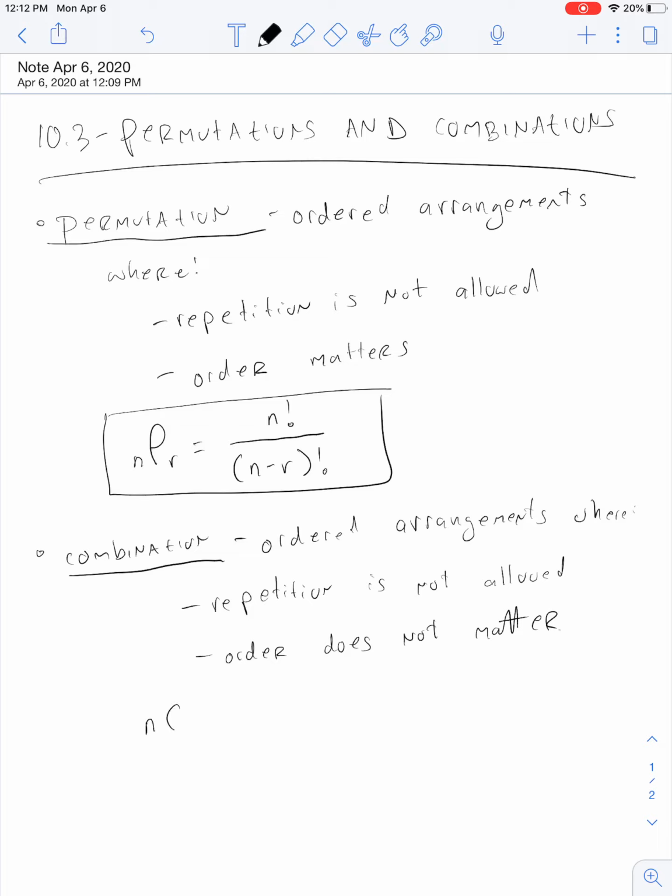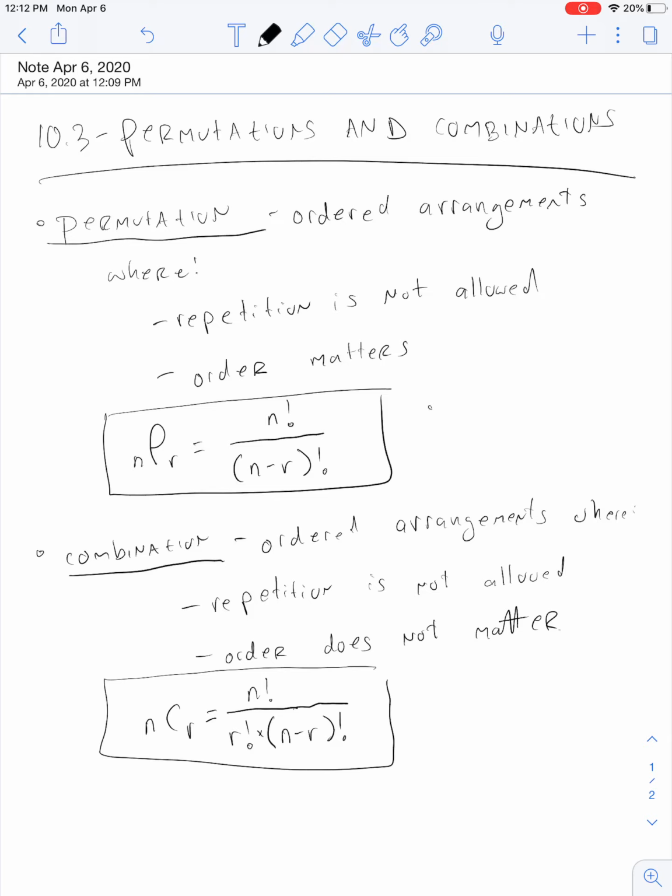A combination is nCr equals n factorial over r factorial times (n minus r) factorial. Some things that are important to understand with this n and the r.